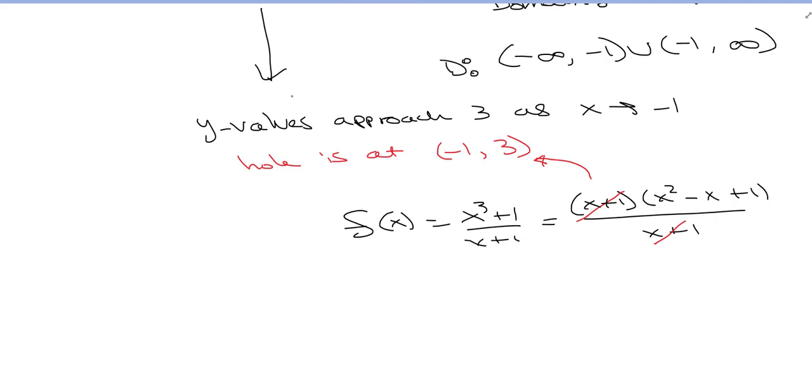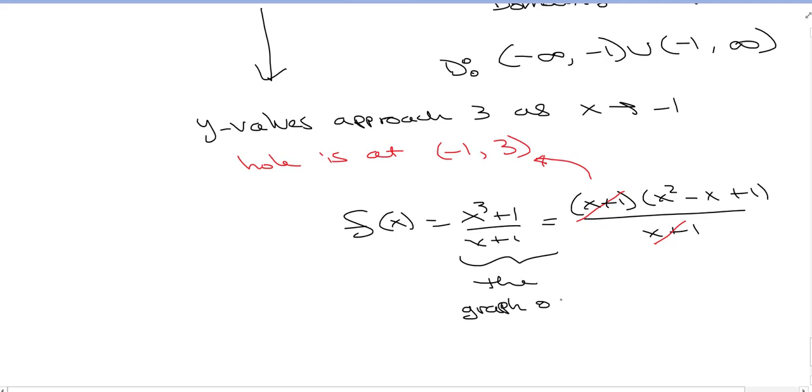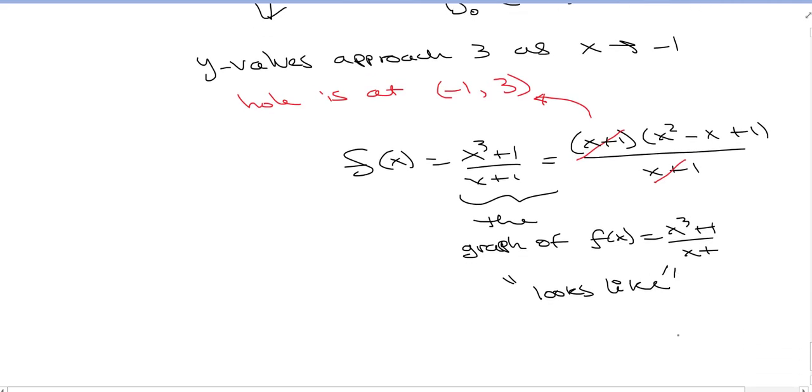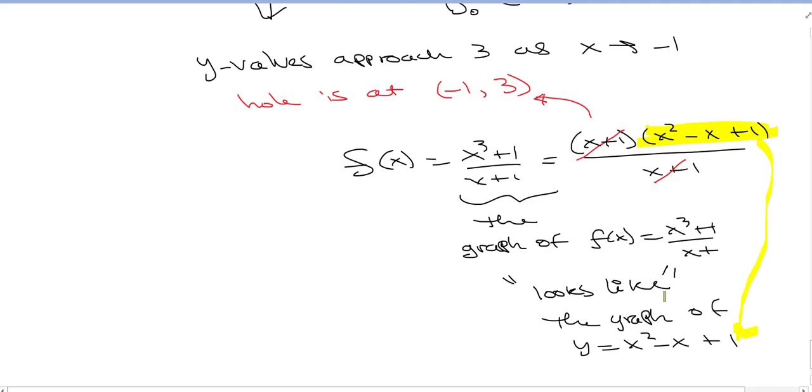But most importantly, that means that the graph of f of x equals x cubed plus 1 over x plus 1 looks like the graph of y equals x squared minus x plus 1, the leftover after we cancel that term.